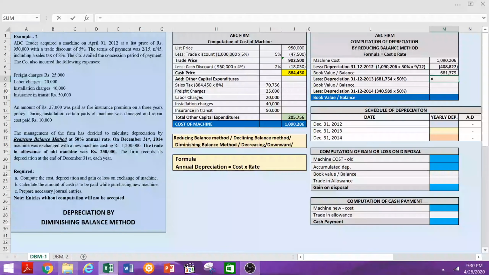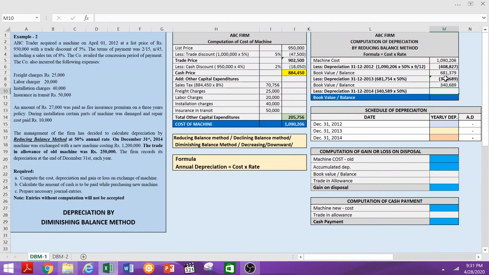So for the second year, as the name suggests, in the diminishing or reducing balance method, we calculate depreciation by multiplying the book value by the rate of depreciation, that is 50%. We can easily calculate 50% depreciation with the help of book value. Now again, what is the book value for the year ended December 31st, 2013? This is the book value.